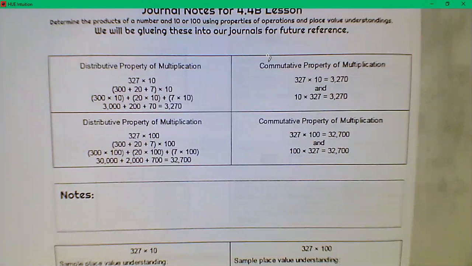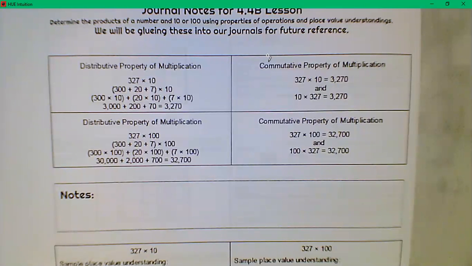Below that, that created a second step. 300 times 10 is equal to 3,000. 20 times 10 is equal to 200. And 7 times 10 is equal to 70. Add those up, you're still going to get 3,270 as your product. Thumbs up if you understand that.